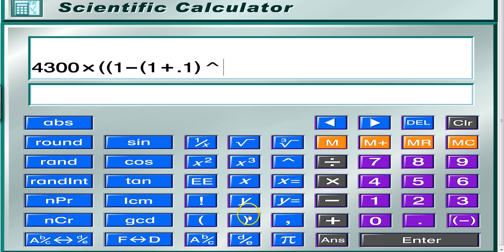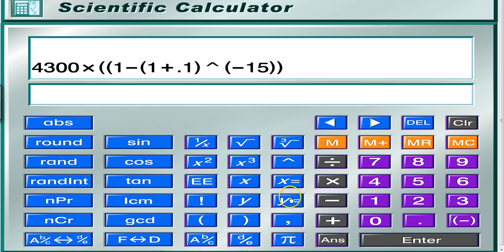Power. Now I need another parenthesis because this is a negative power. So I need to put that into parentheses, which based on our discussion is negative 15. So right parenthesis. And everything parentheses back.